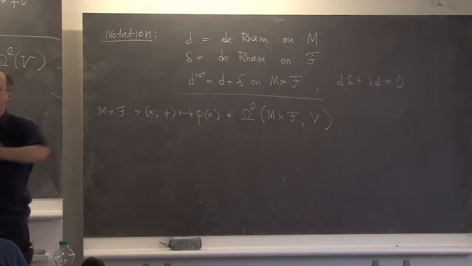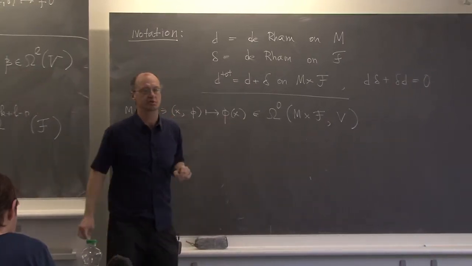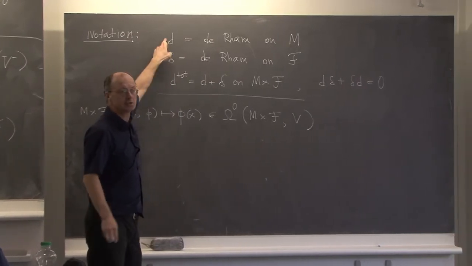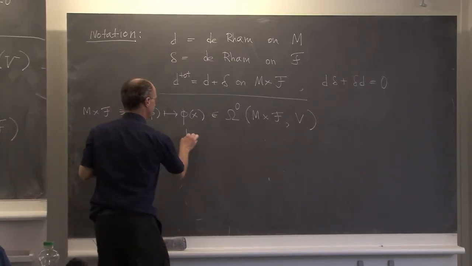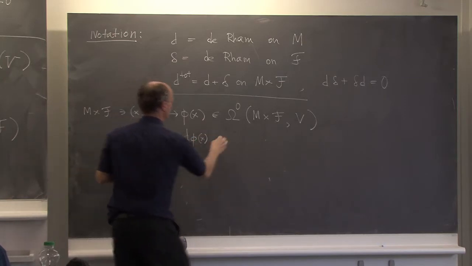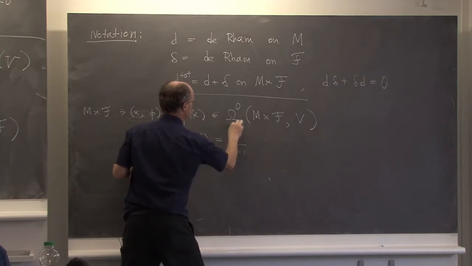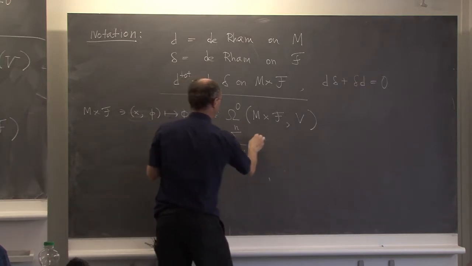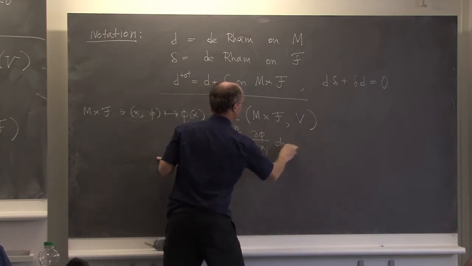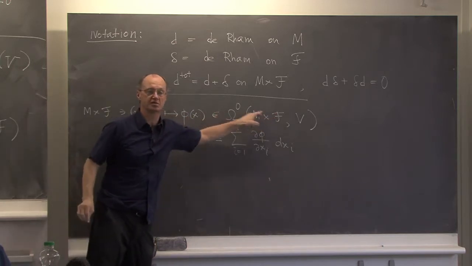So this is just tautologically, this evaluation map gives you such a function. Now you can apply each of these differentials to it. So you have d phi of x, and this is equal to the sum over i from 1 to n of d phi over dx i, and this is a one form on this space.